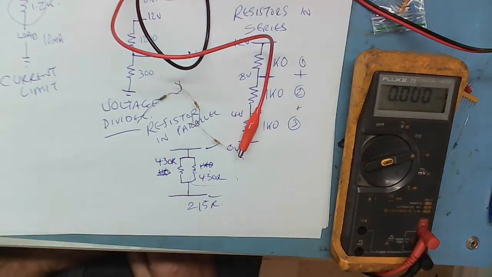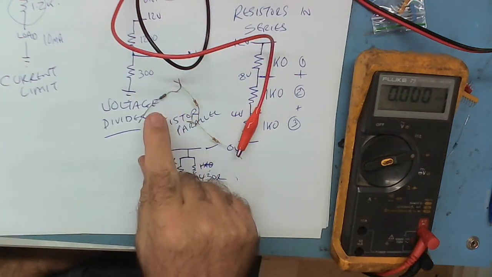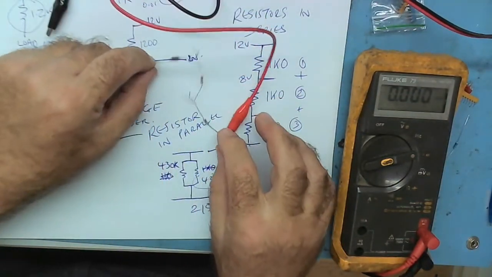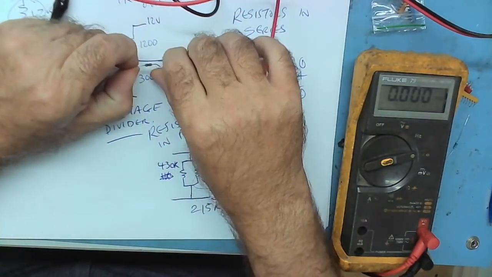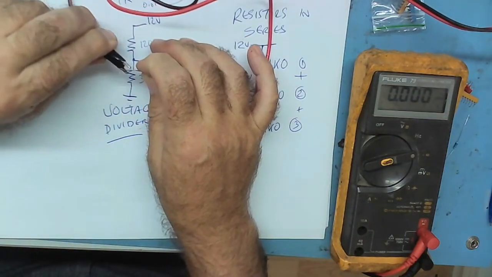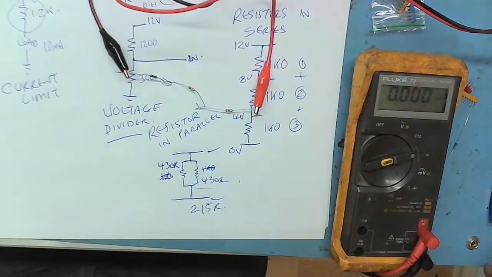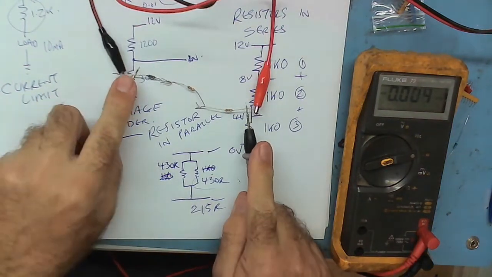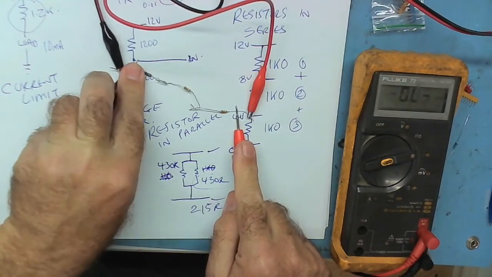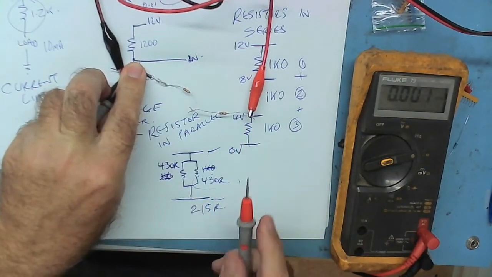So we still have a voltage divider, but that's 1000 and that's 430. What do you think we'll see now? What do you think we'll see across all three of them, end to end? You should be able to answer that one. It's 12 volts because it's 12 volts coming in.